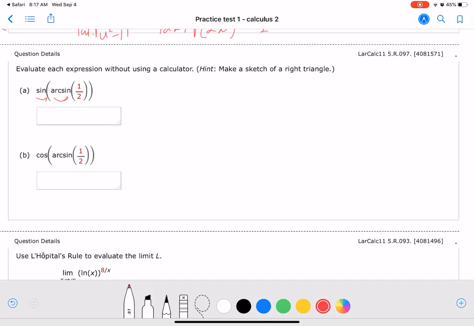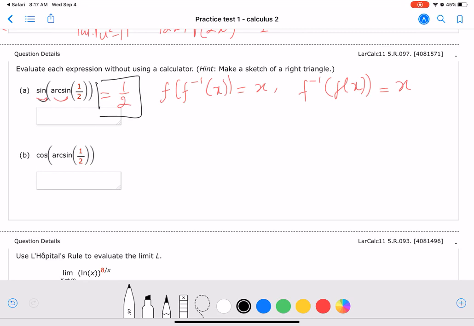For inverse functions, we have the following identity: f of f inverse of x equals x, and f inverse of f of x equals x. So it's obvious that sine and arcsine are inverses of each other. So this is just 1/2, because you apply sine to its inverse. So you get just x in here, right?